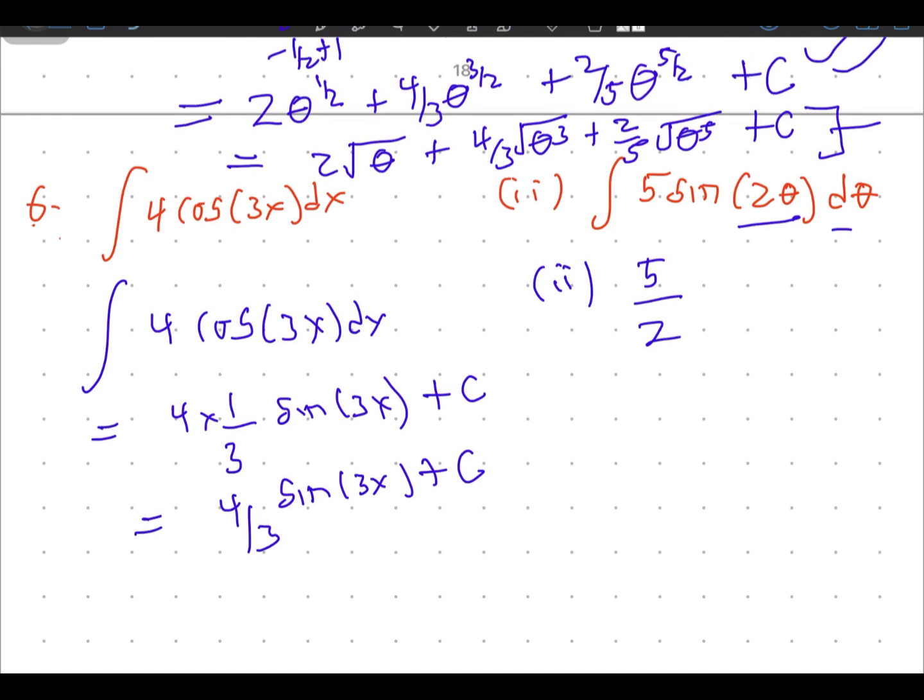And then when you integrate sine, you're going to get negative cos. So multiply by negative cos 2 theta and then plus c. So therefore we are going to get negative 5 on 2 cos 2 theta plus c.